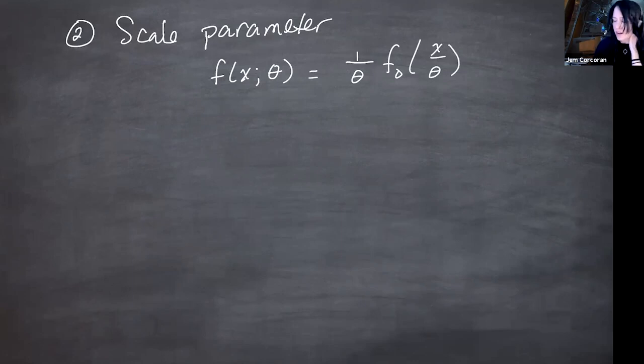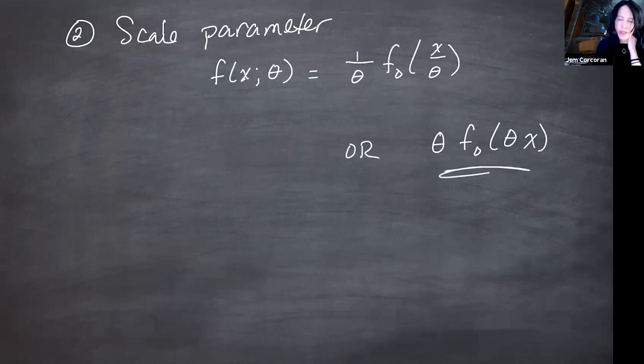I actually call it a scale parameter if I see something like this, which is how many more of our PDFs are. But technically in the literature, if your PDF can be written like this, it's called an inverse scale parameter. And you can imagine like the exponential, right?